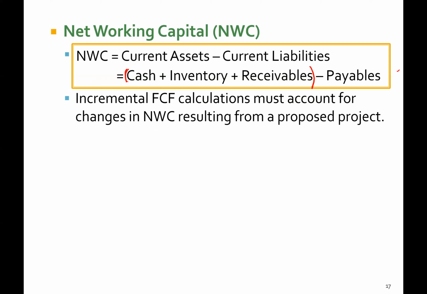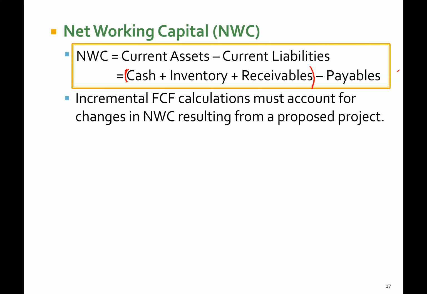So any incremental free cash flow calculations have to account for any sort of change in net working capital. If we need to keep extra cash on hand to make sure our operation keeps running smoothly and that extra cash is due to this project specifically, we need to incorporate that. If we need to build up inventory right away, we need to account for that and not when it goes into our cost of goods sold.